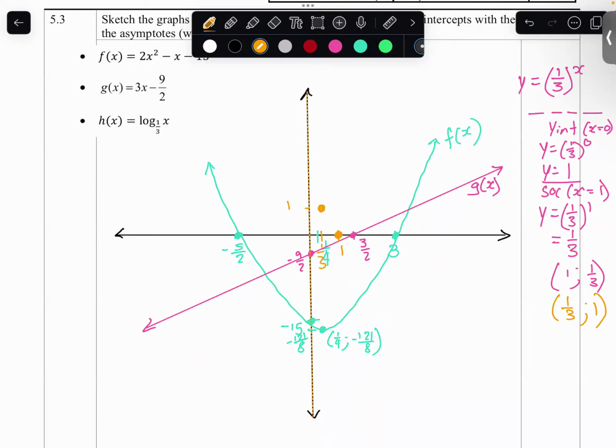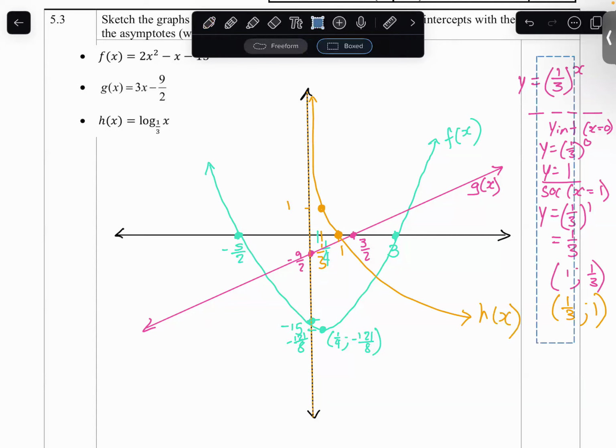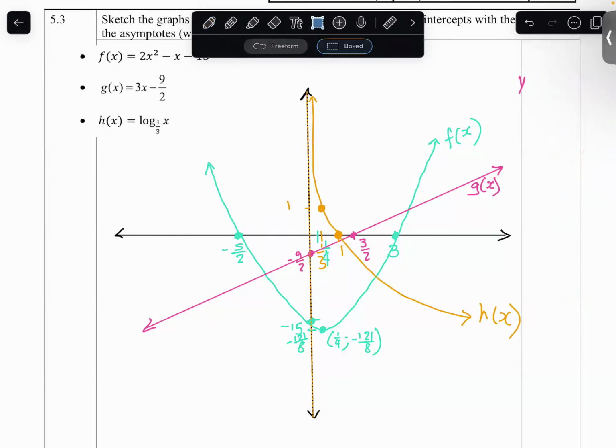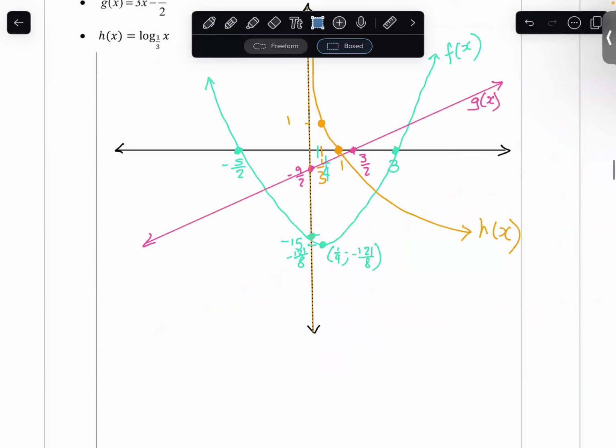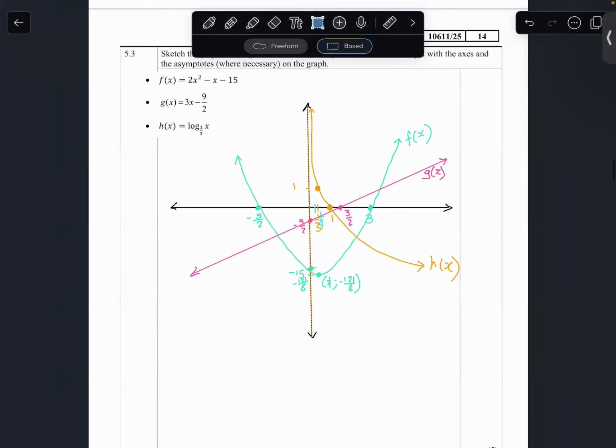And so the graph will look, remember, don't cut through the asymptote. The graph will look like that. All right, this is h of x. And that's it. It's not so bad. That's the graph.